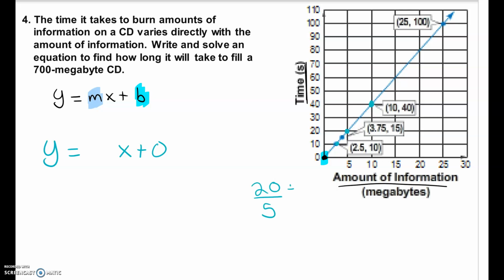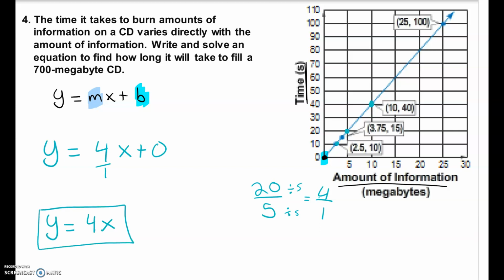We could simplify that, divide them both by 5, which would give me 4 over 1. So our slope is just 4. Remember, we don't really put the 4 over 1. So if we were going to write this as a regular old equation, we would just write y equals 4x. We wouldn't put the plus 0 or the over 1. We would leave those blank, so we just say y equals 4x.